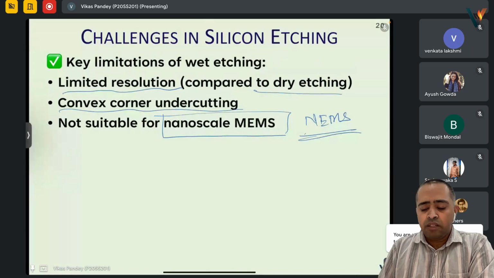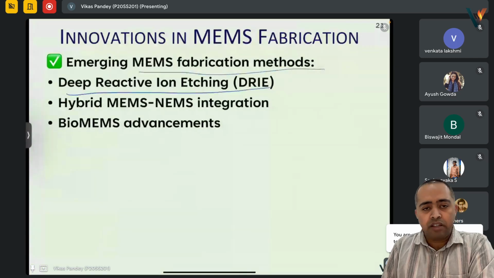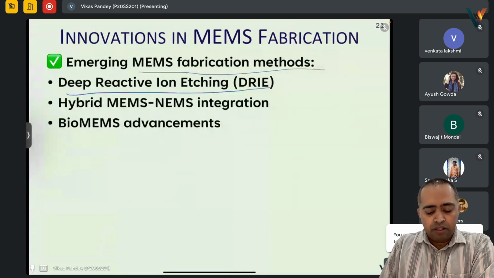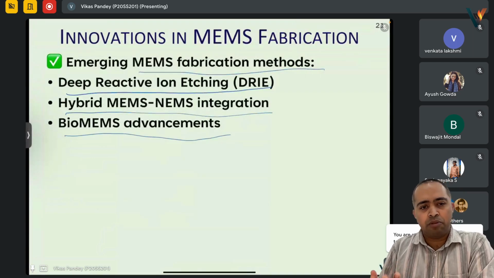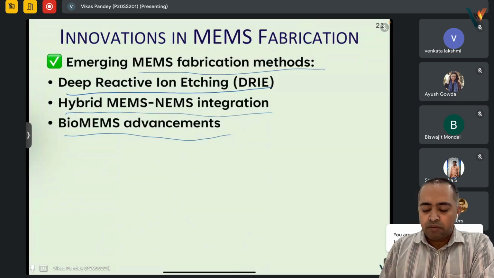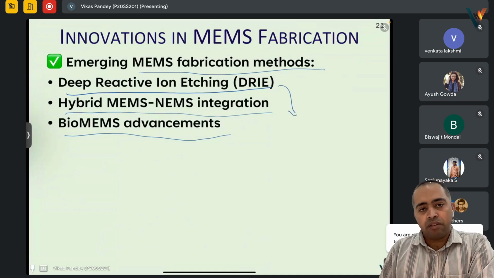That is why for MEMS fabrication techniques, deep reactive ion etching, hybrid MEMS integration, and bio-MEMS advancements are now being used frequently. If we talk about deep reactive ion etching, it is plasma based.